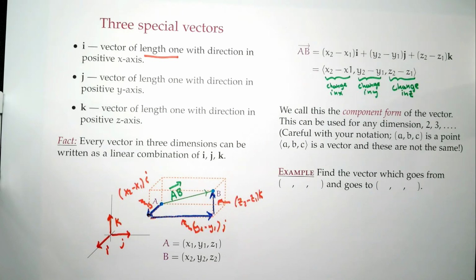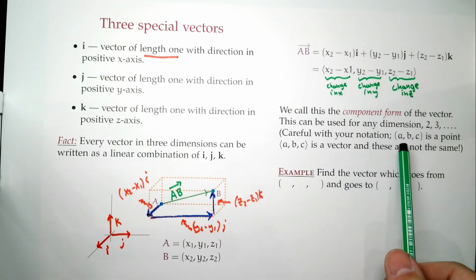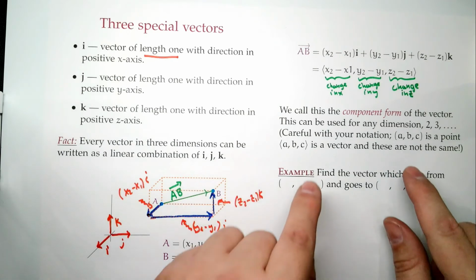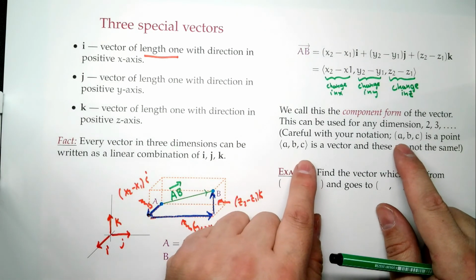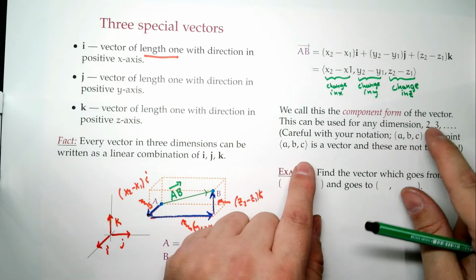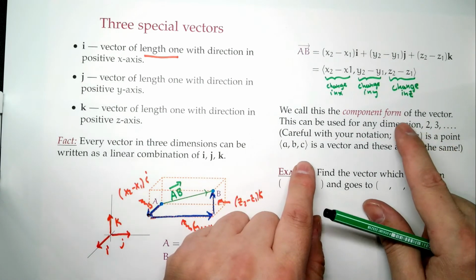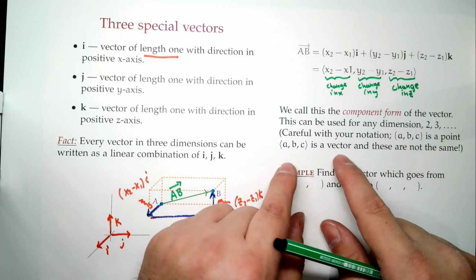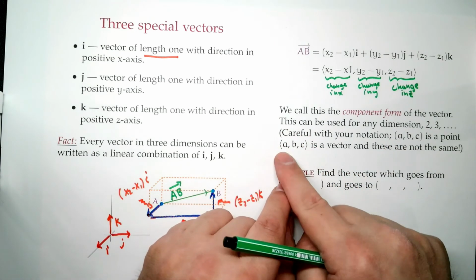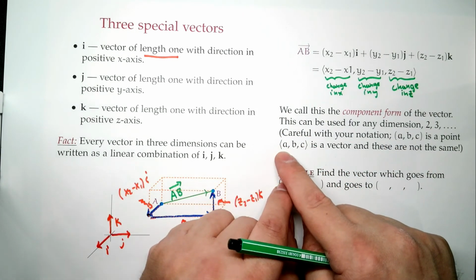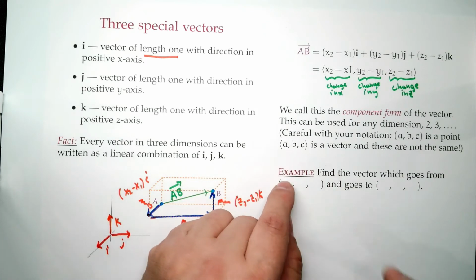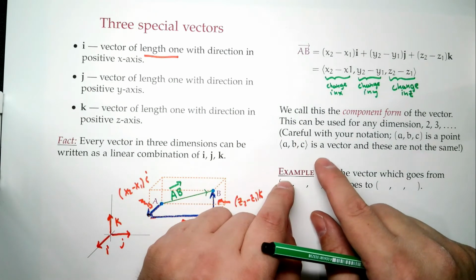Word of warning. It kind of vaguely looks like a point, because the notation for points is similar. But what's different? Well, notice that for a point, we use these round symbols. We call them parentheses. But for vectors, we use these pointy symbols. They are called angled brackets. And okay, so what's the point?